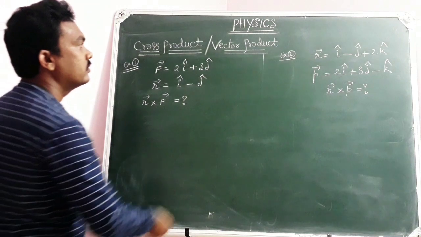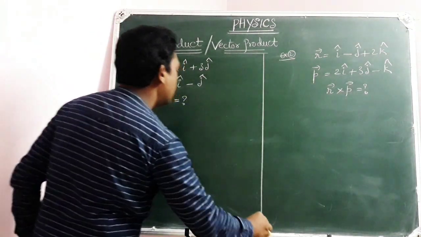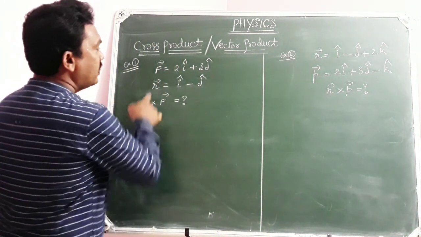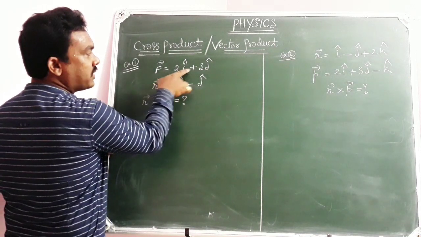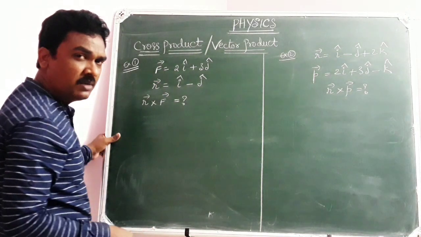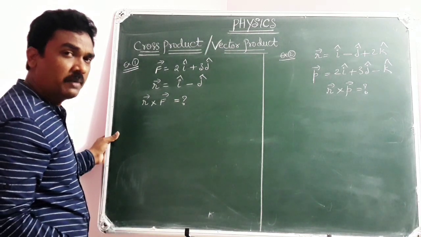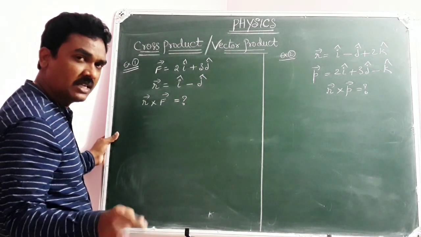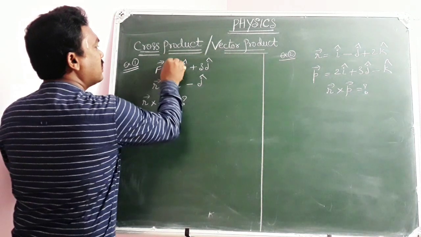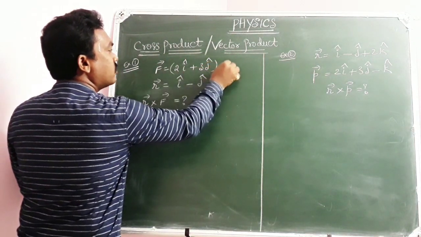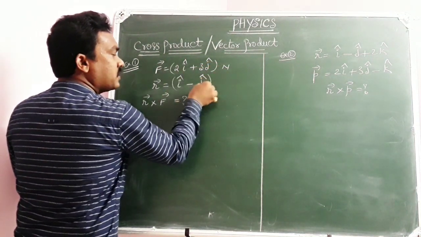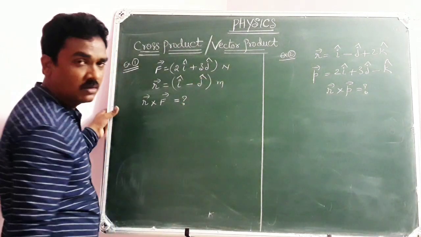Now see this here. F bar equals 2 I cap plus 3 J cap. Usually F bar means force, but it can be anything, because I am not particular about force, displacement, or velocity. If you want, suppose F bar is force in newtons, and R bar is a displacement vector in meters.